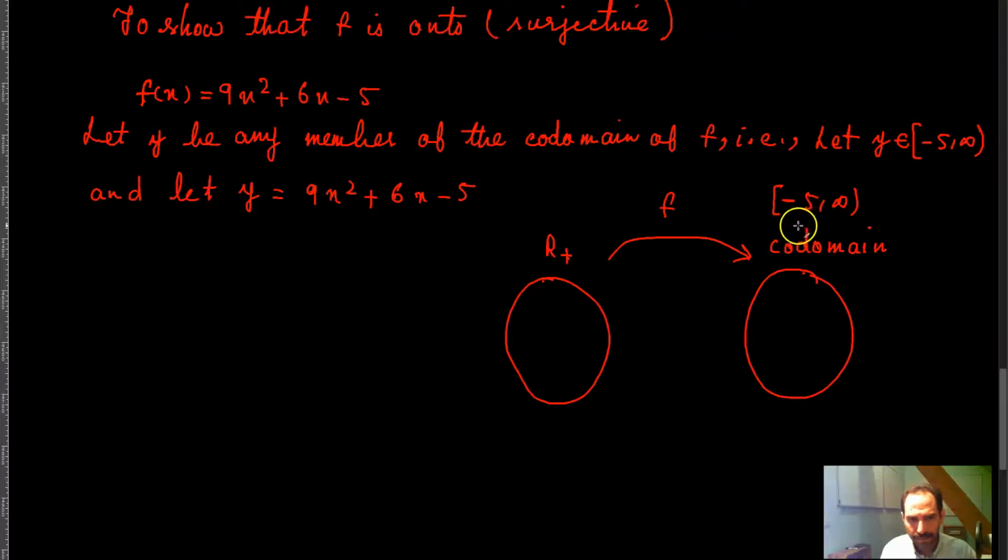Now, you know that when we say let y be any member of the codomain of the function, that is, y belongs to this set, that means that here you have your y's.